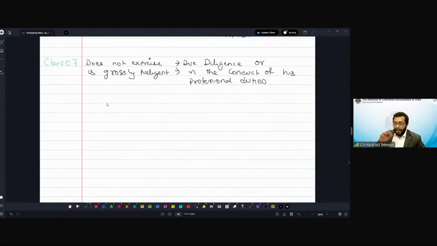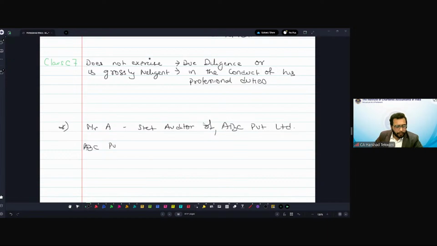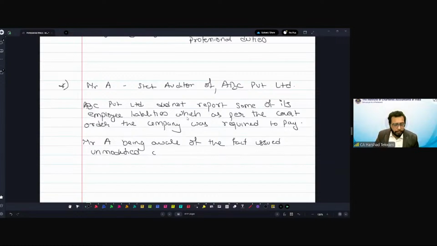For example, I'll give you one example. Mr. A, let's say he's the statutory auditor of ABC Private Limited. ABC Private Limited did not report some of its employees' liabilities.